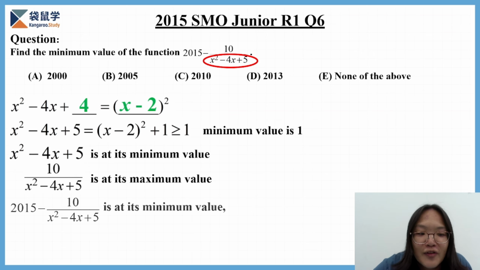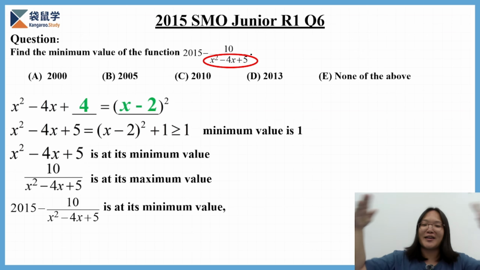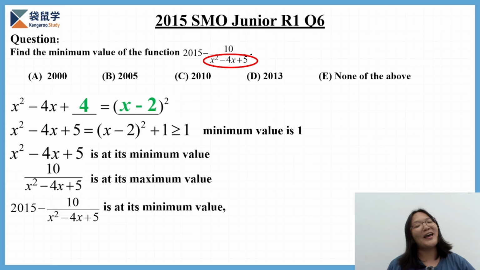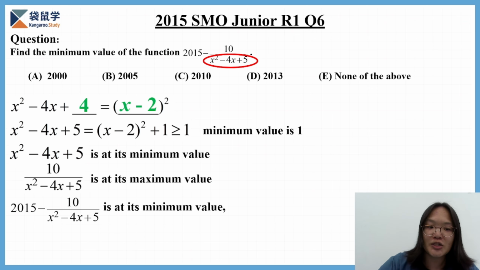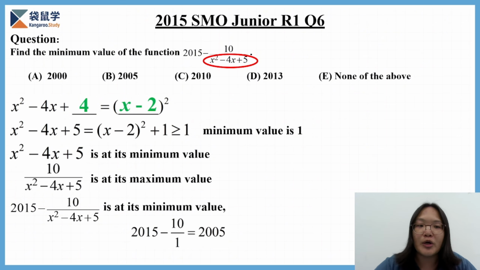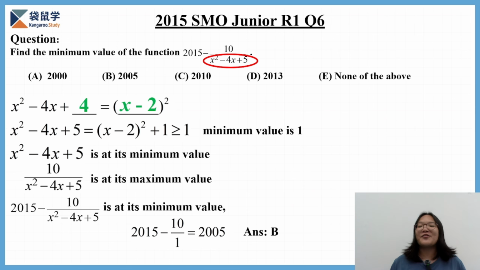And reversely, the whole function is again minimum. And that is exactly what we want for this question. So here we can write the minimum value for this function is just 2015 minus 10 over 1, which will finally give us 2005. So which is our correct answer? Yes, it is B. Successfully, we have completed this question together.